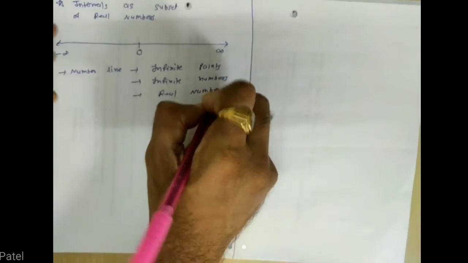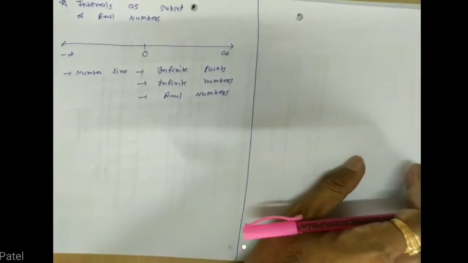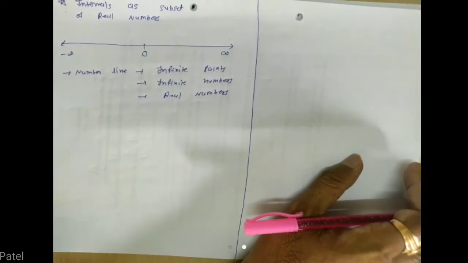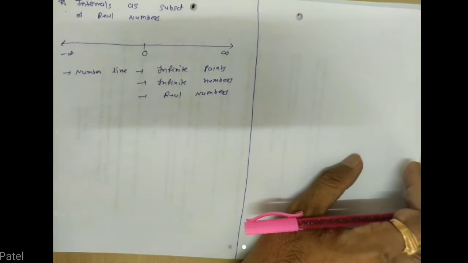The number line goes to infinity on the right-hand side as well as on the left-hand side. So on the number line there are infinite points, and each point on the number line represents a real number. So we can say that there are infinite real numbers.